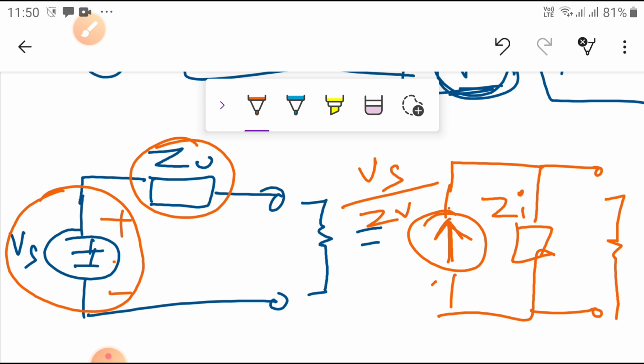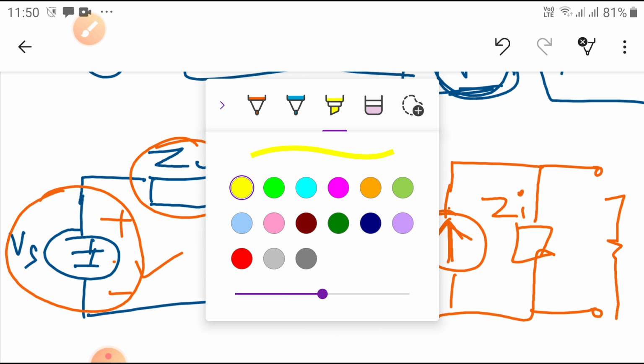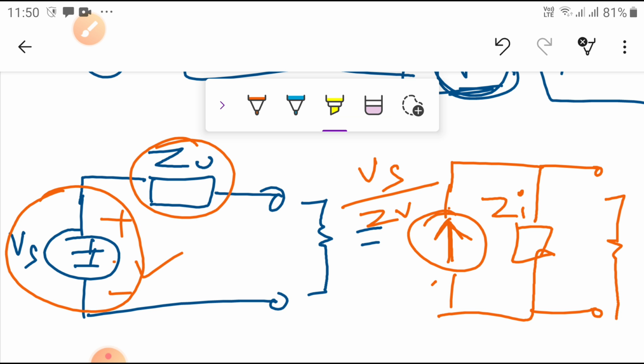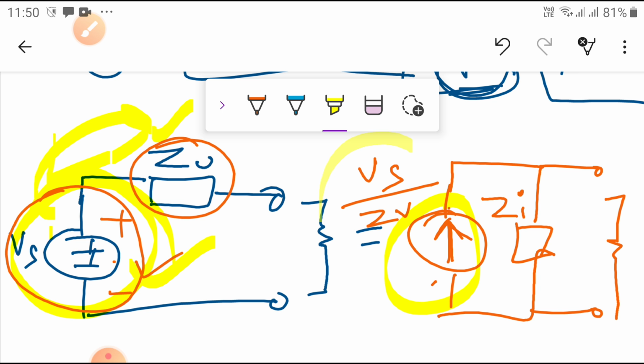So whatever source is given here, the voltage source is converted to the current source, and whatever the Vs is given, from these two values I converted Vs by Zs as the equivalent current source, and the resistance which is connected in series in the voltage source is converted to the Z source here.